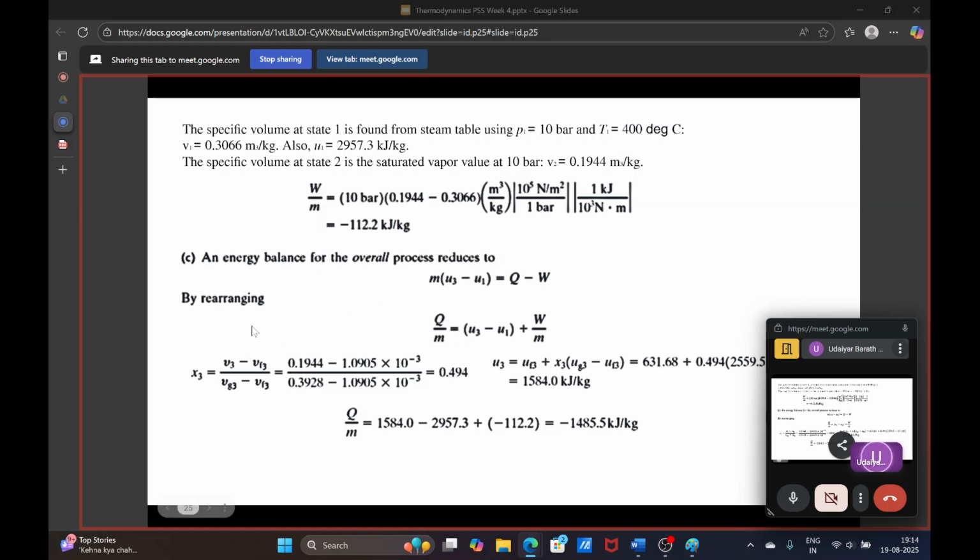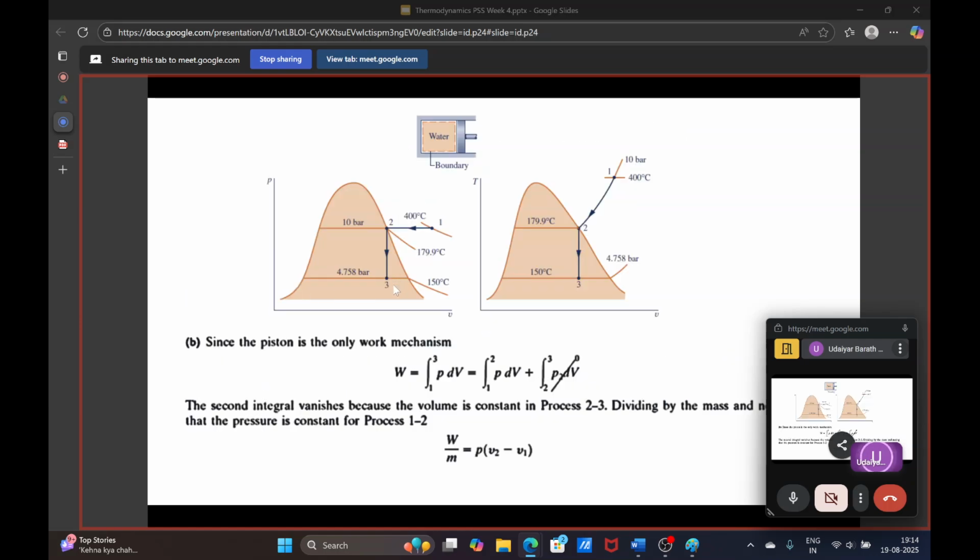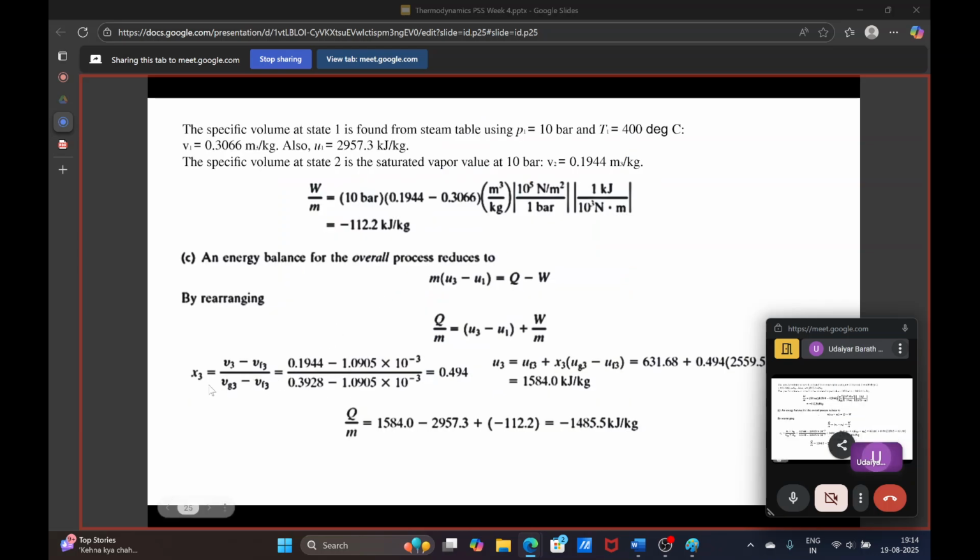Since the exit state 3 is at two phase, we can find the dryness fraction using the specific volume we estimated at state 2 and the saturated specific volumes of liquid and vapor.